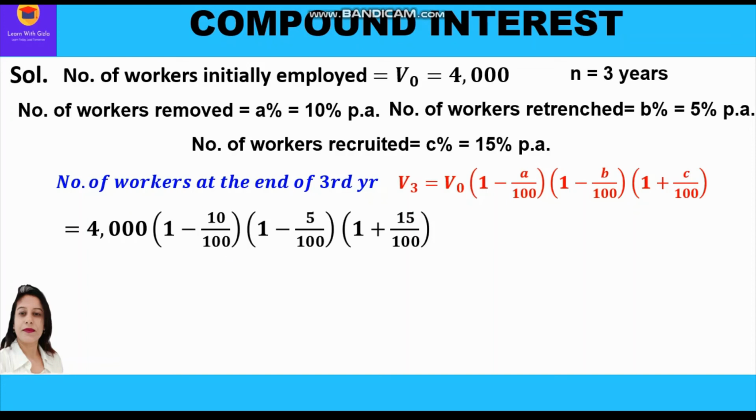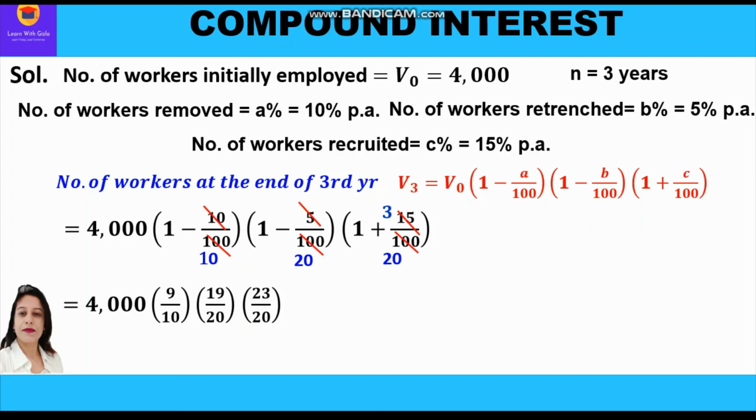Now further 0 and 0 will get cancelled. We are left with 10 in the denominator, and 5 and 100 will cancel. We will get 20 in the denominator. Further 15 and 100 can be divided by 5 and we shall get 3 and 20. Now further we shall take LCM, and be careful while taking LCM because there is a minus sign. So we shall write 4,000 in bracket 9 by 10 into 19 by 20 into 23 by 20.